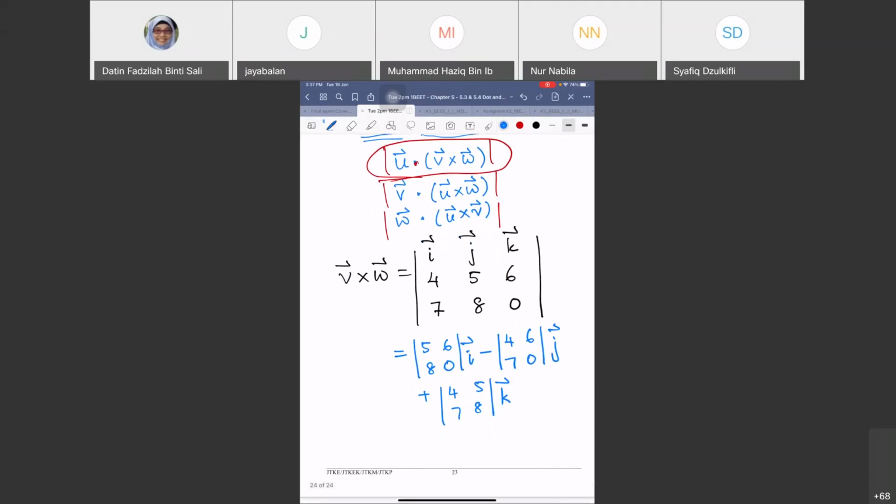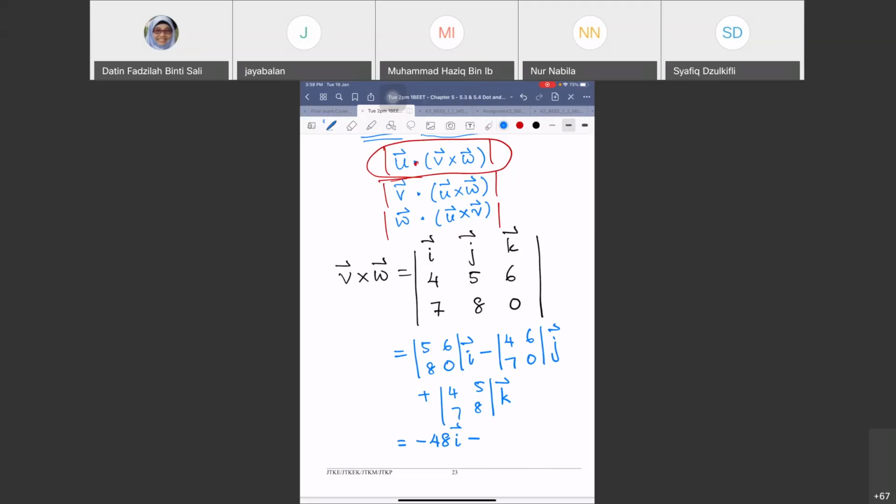The last step, you can straight away jump to the answer because you can use a calculator or do it in your head. So if I find the 2 by 2 determinant, don't forget 5 times 0 minus 8 times 6. That is minus 48 i.